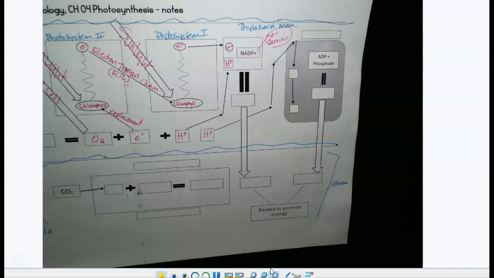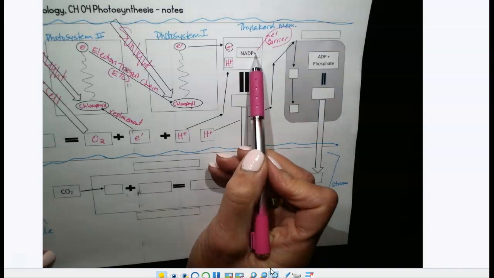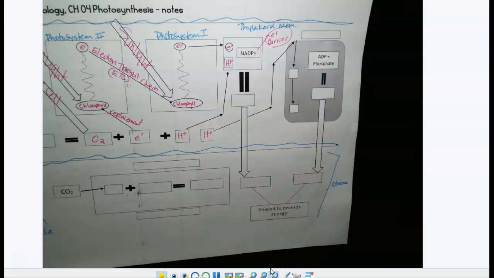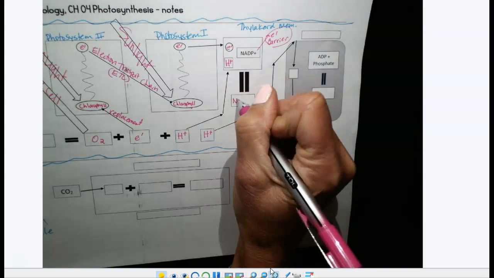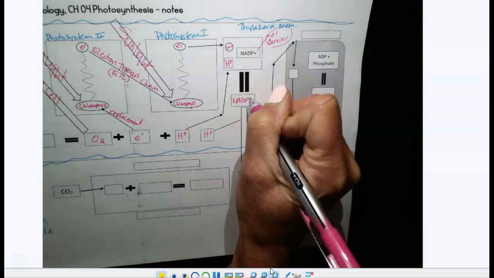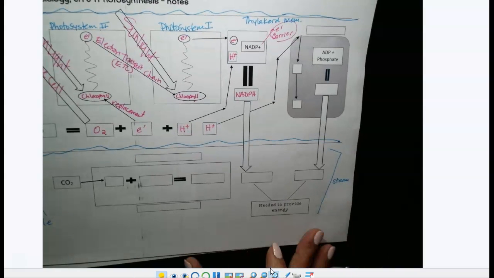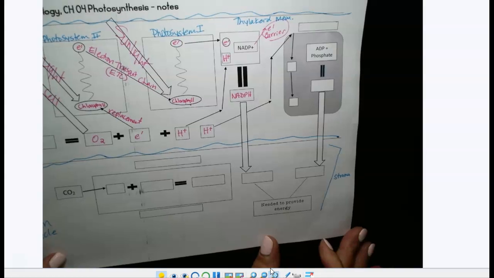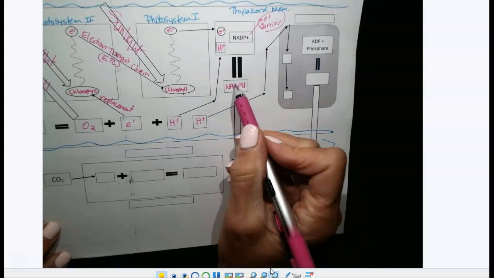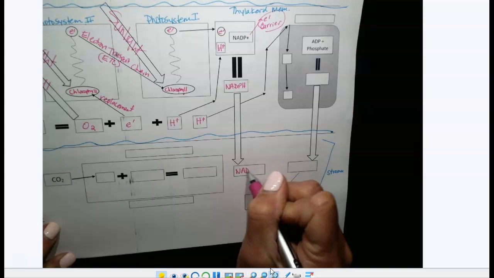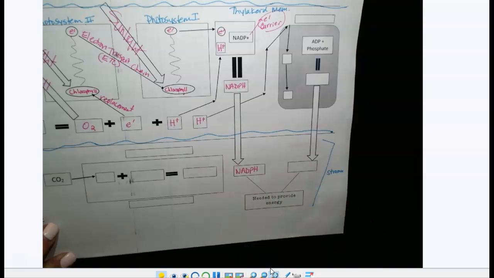So this NADP+, the electron, and the hydrogen all join together to make a big molecule, and that big molecule is called NADPH. Now this guy stores some energy, not a lot, but a little bit of energy. So he is going to move into the stroma, and he's going to be used in the Calvin cycle.